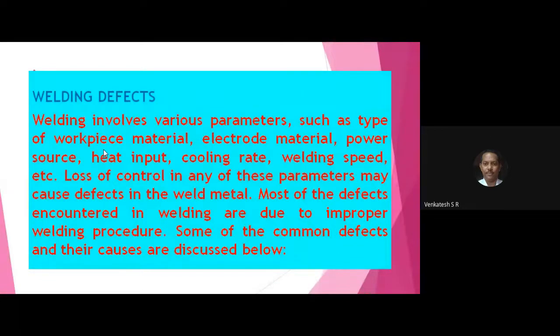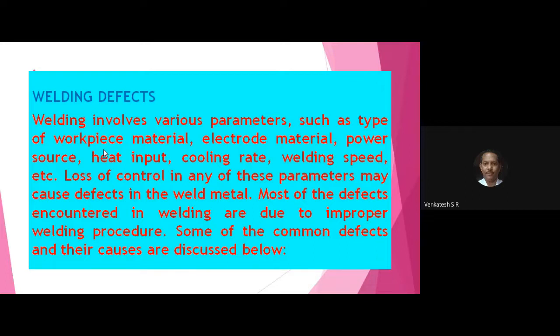If you properly control the parameters, there will be no defects in the joint. This is very, very important. Control the heat input, cooling rate, and the welding speed. From that, you can avoid the formation of defects in the joint.